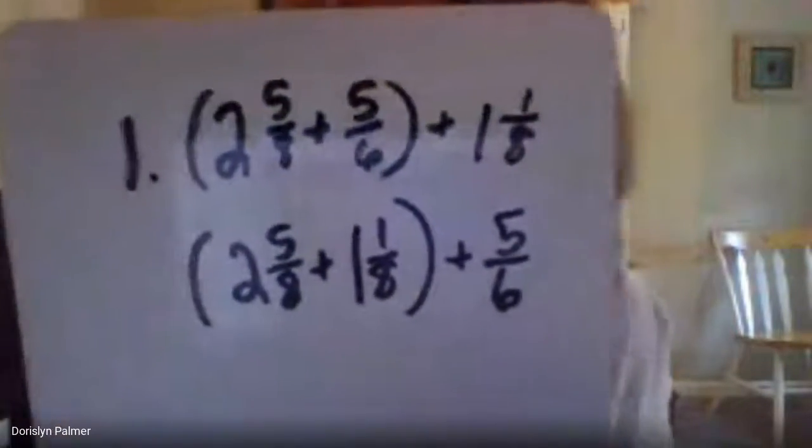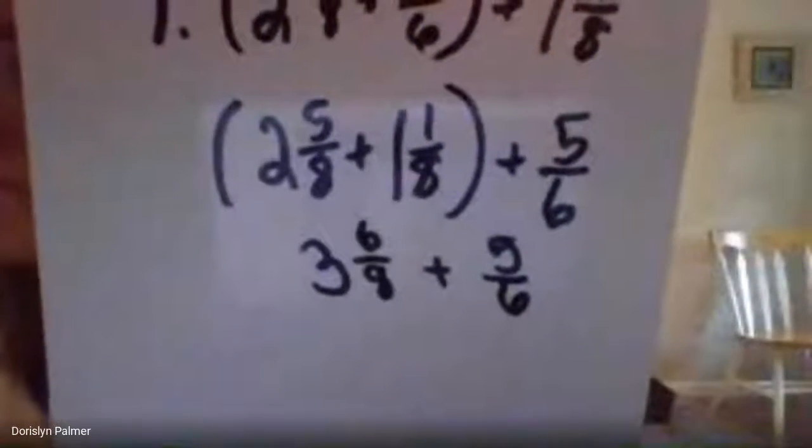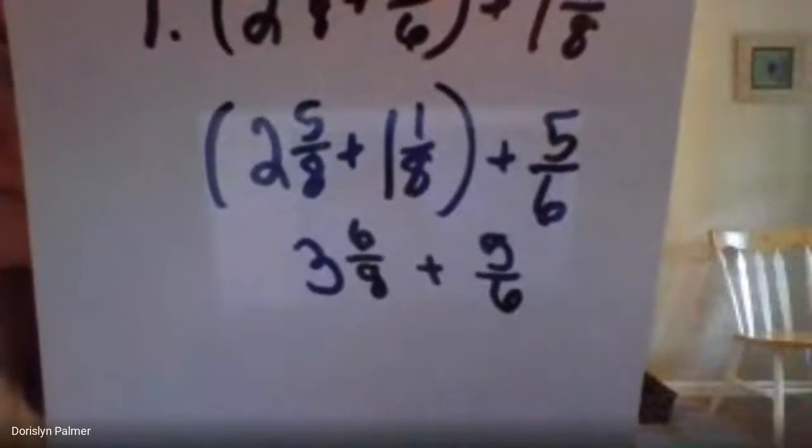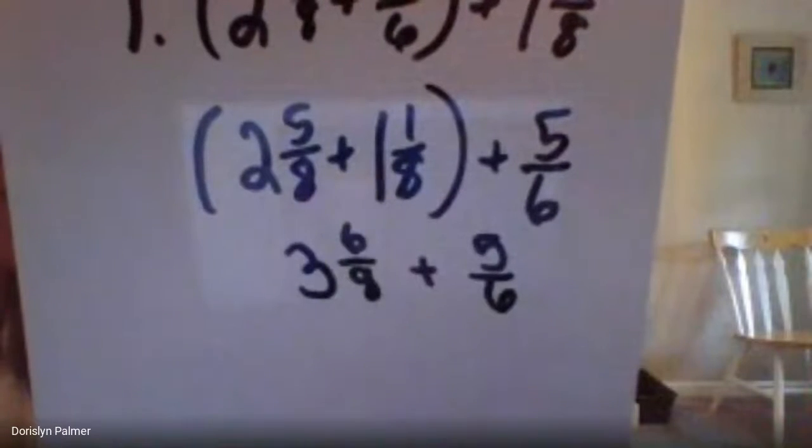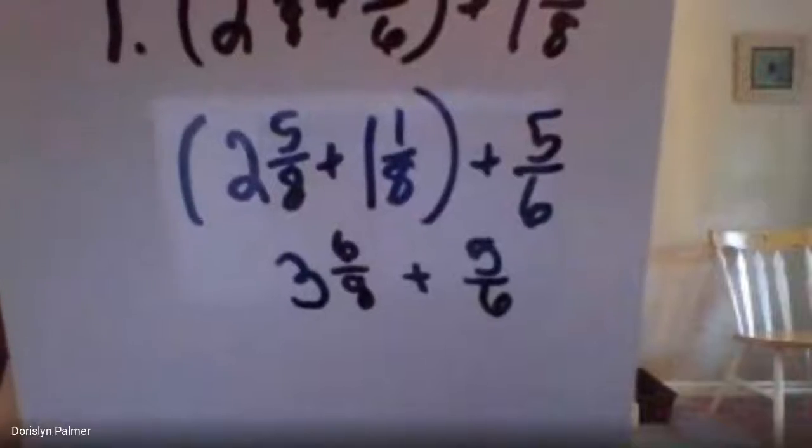I always do what's in parentheses first. So that's now 3 6/8 plus 5/6. Now I can add those together, but they don't have a common denominator, so I'm going to turn them into 24ths.